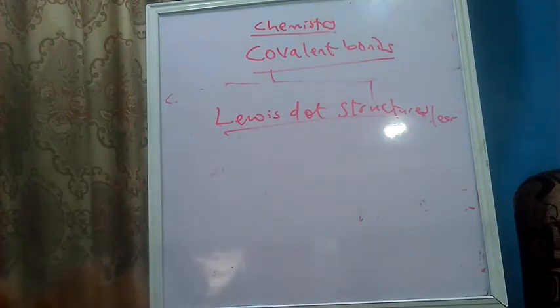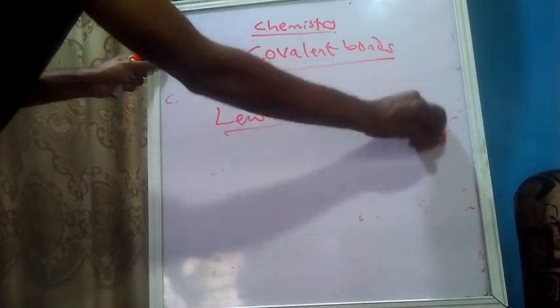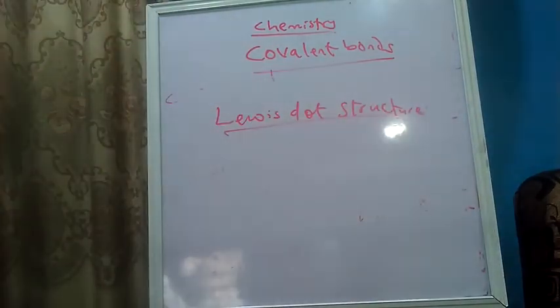Now, what does this concept talk about? Well, Lewis dot structures are very important in explaining covalent bonds because a Lewis dot structure actually describes the outermost shell electrons or the valence electrons of certain atoms. So in Lewis dot structures, the outermost shell electrons are represented as dots around the atomic symbol.